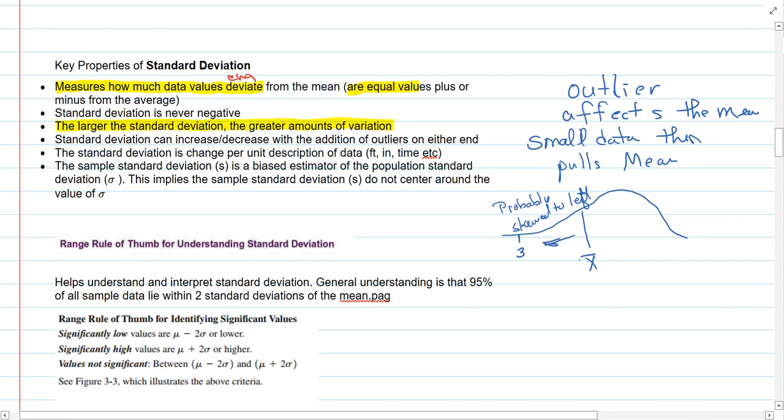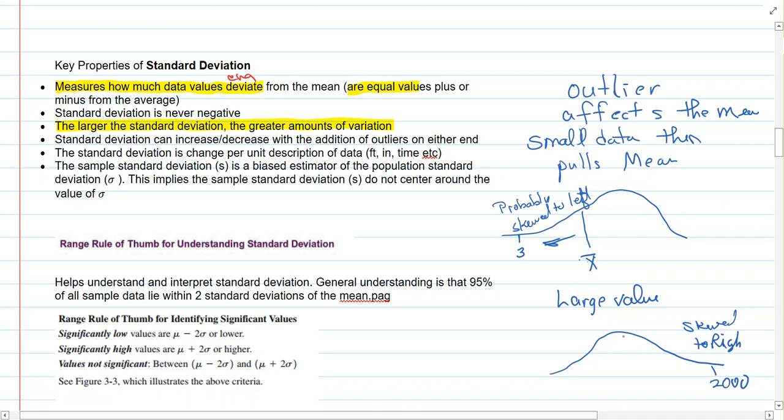Well, if it's a large value, then we're skewed where? To the right. And now the big number, say this is like that 2,000 we had in the last section, it pulled it over here.